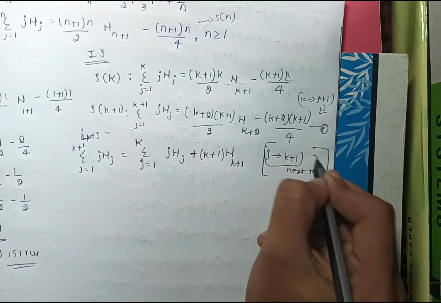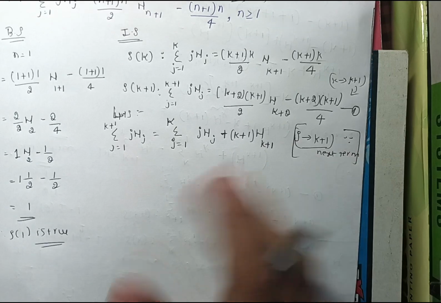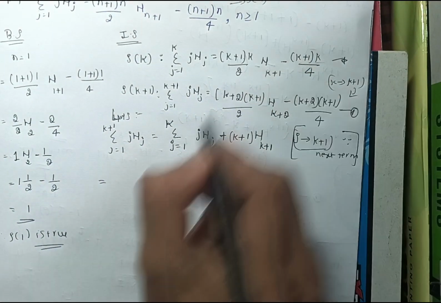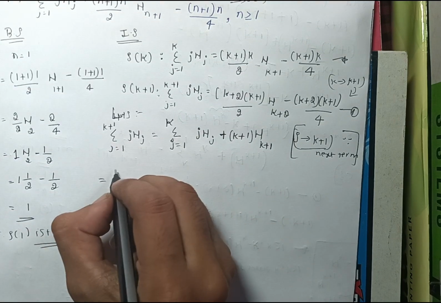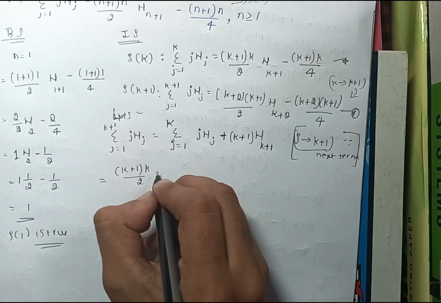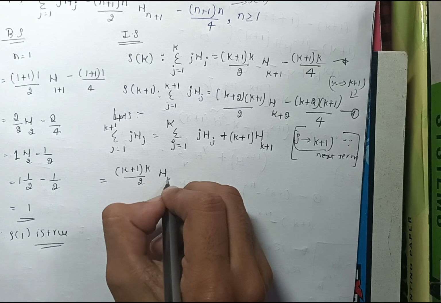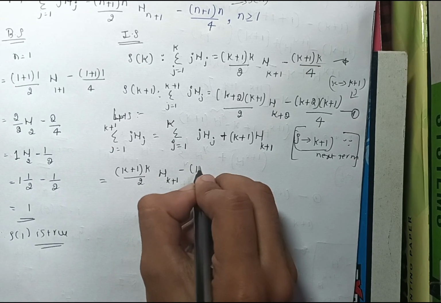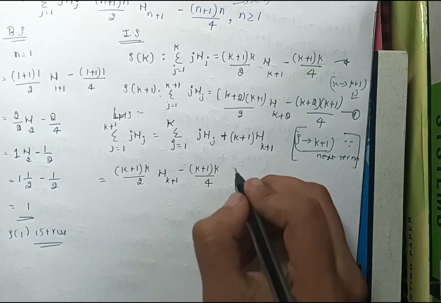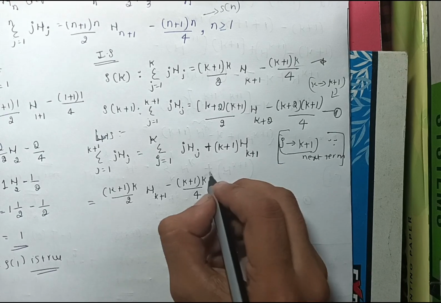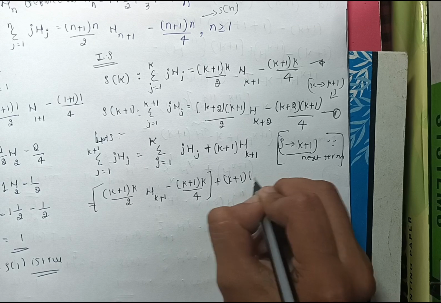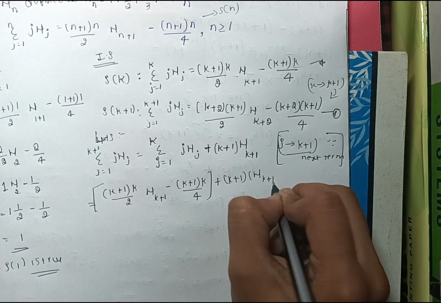This is the reason. Now give some star here. What is the sum of j h j? k plus 1 into k by 2 h of k plus 1 minus k plus 1 into k by 4. From where? From the star. Plus k plus 1 h of k plus 1.